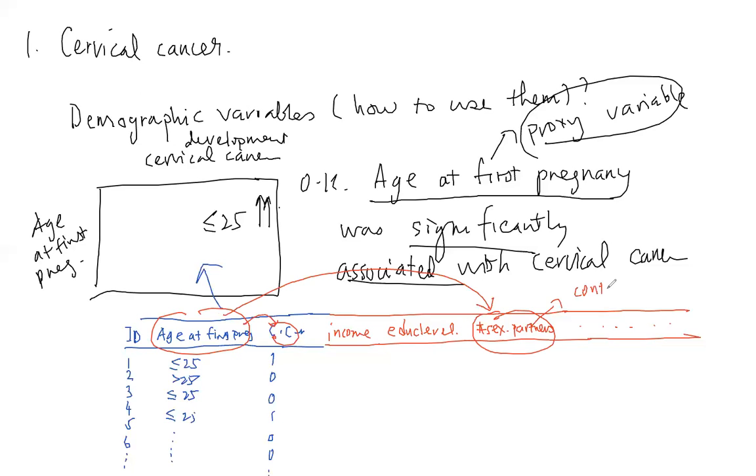If this proxy is significantly associated with another demographic variable, that will become a candidate for discussion. You can use that to design further experiments. So the idea here is that you need to do some kind of correlation analysis.